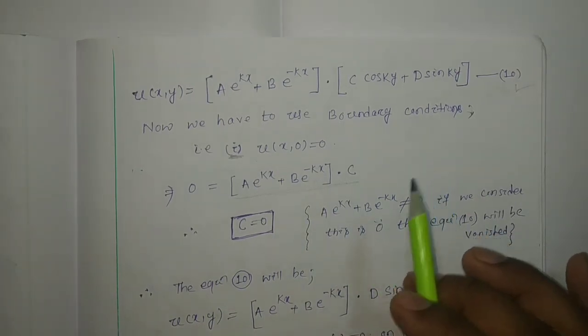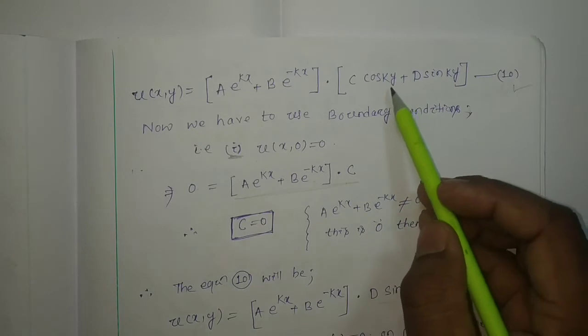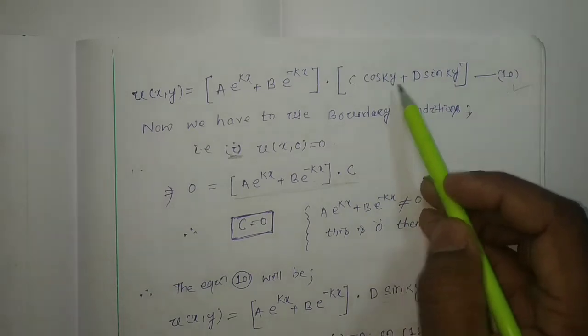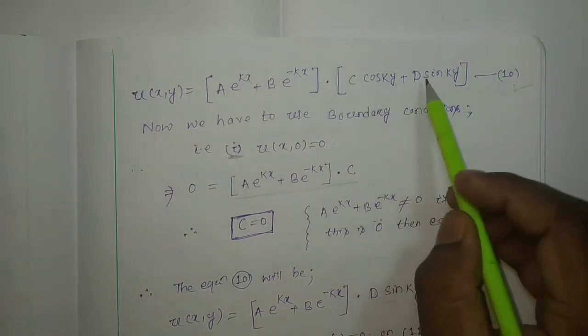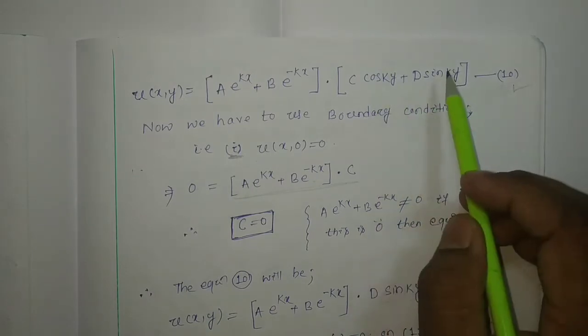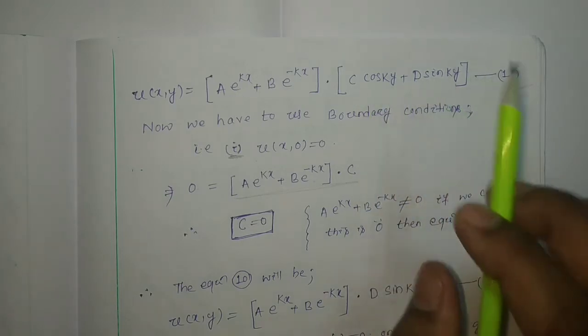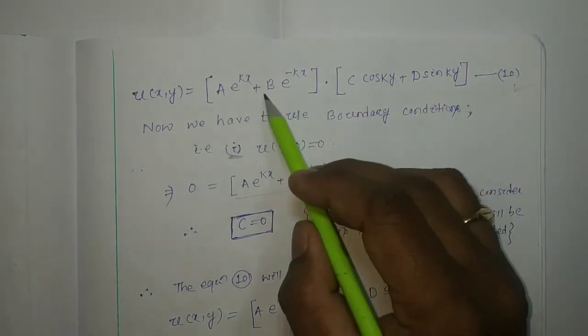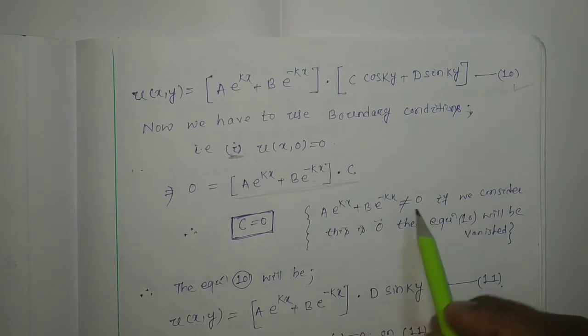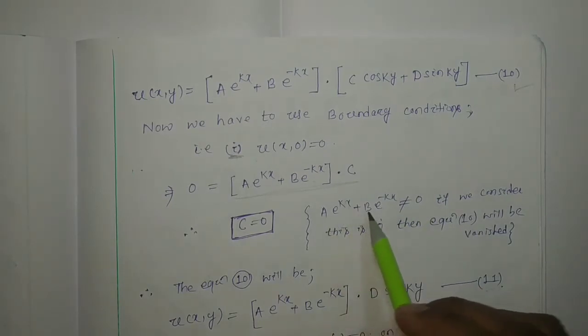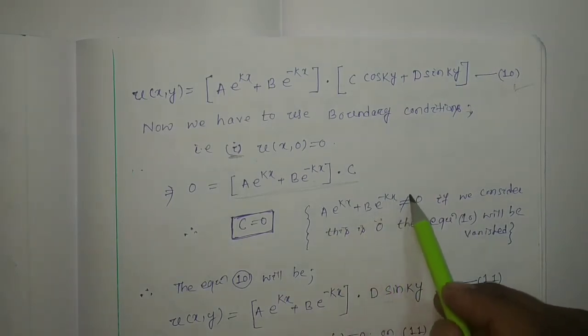So again, as we changed the y value, this term and this term, the constants C and D, are going to be found, not this one. Okay, so here I have written that A e^(kx) + B e^(-kx) is not equal to 0.